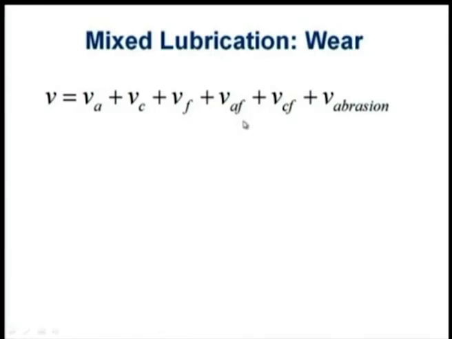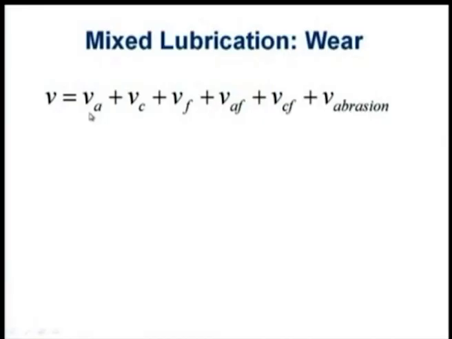Adhesion and fatigue interact together. Corrosion and fatigue: whenever there is a corrosive environment, the fatigue effect will be enormous. And finally comes abrasion, where particles that are detached or come from the environment cause wear of the surface, and this loss of wear material can be added on.